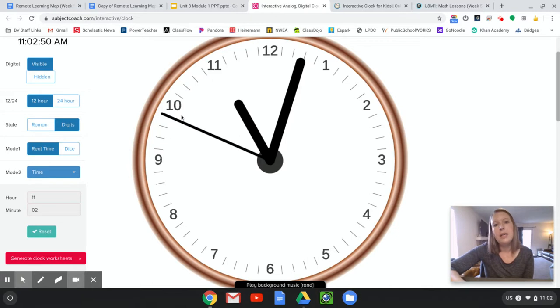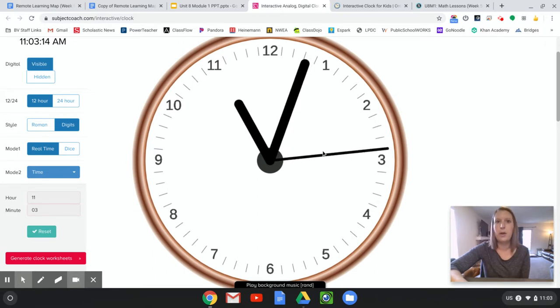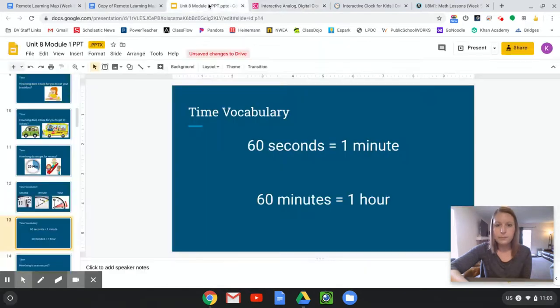When this second hand gets up to the 12, right now it will take 60 seconds to get all the way around the clock, and that will be 1 minute. That means this minute hand is moving from this mark to this mark. It will be 1 minute once it goes all the way around. So it takes 60 seconds to make 1 minute. And it takes 60 minutes to make 1 hour.